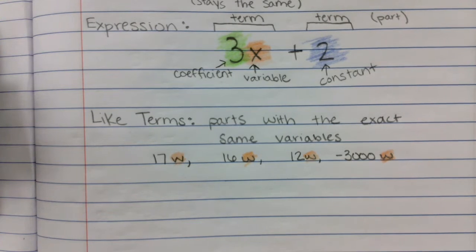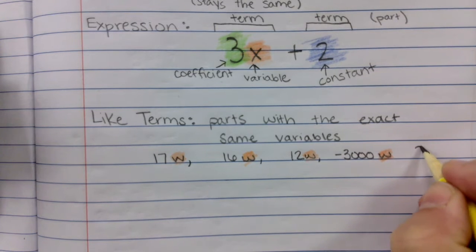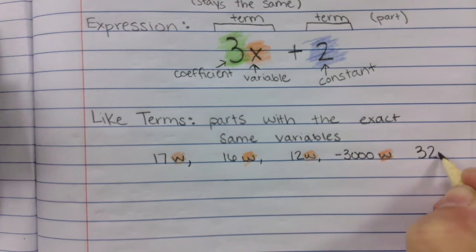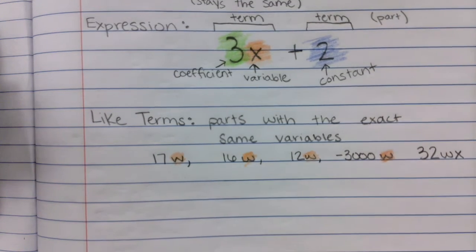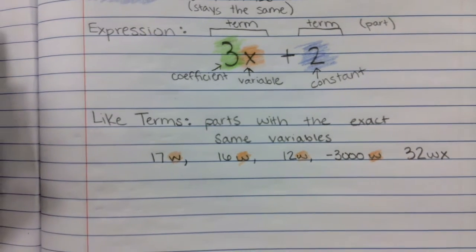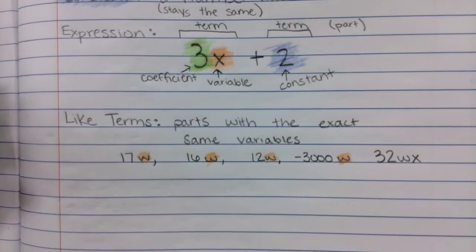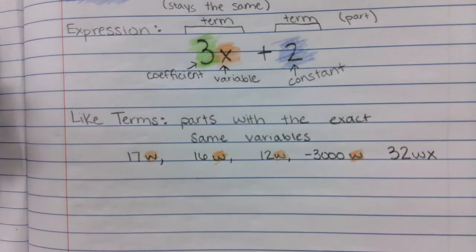Okay, now here's a question. And this one I'm going to put in, and watch carefully and decide if you want to put it in or not. What about 32WX? Does that have the same variable? Is it the same exact variable? No, because this one has a W, but what else does it have? That X. So I'm going to actually circle that and cross it out.